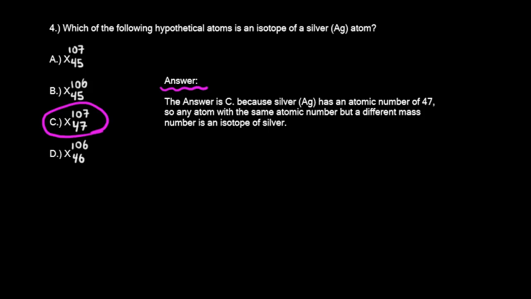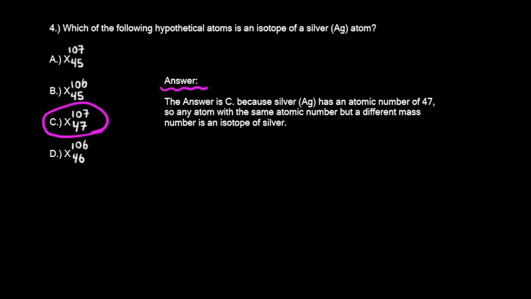So recall that isotopes of the same element have the same atomic number, or Z, but different mass numbers. So we need to look for an option that has the same atomic number as elemental silver. Elemental silver has an atomic number of 47.